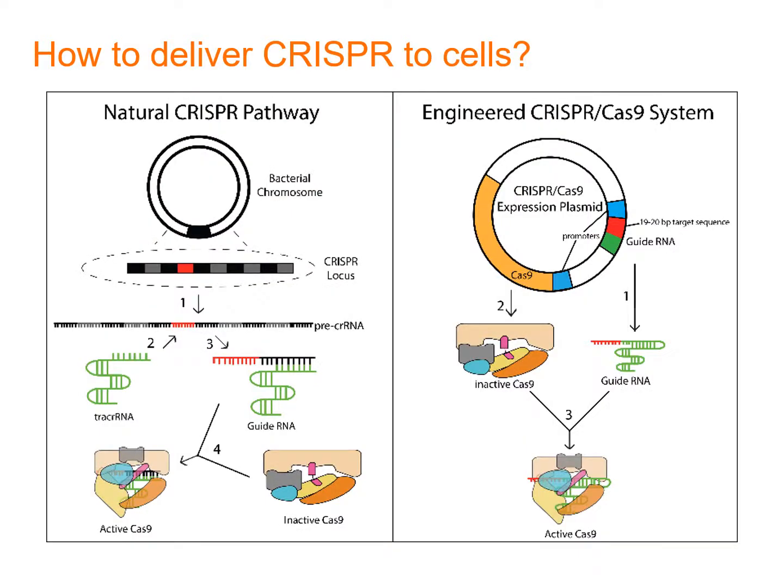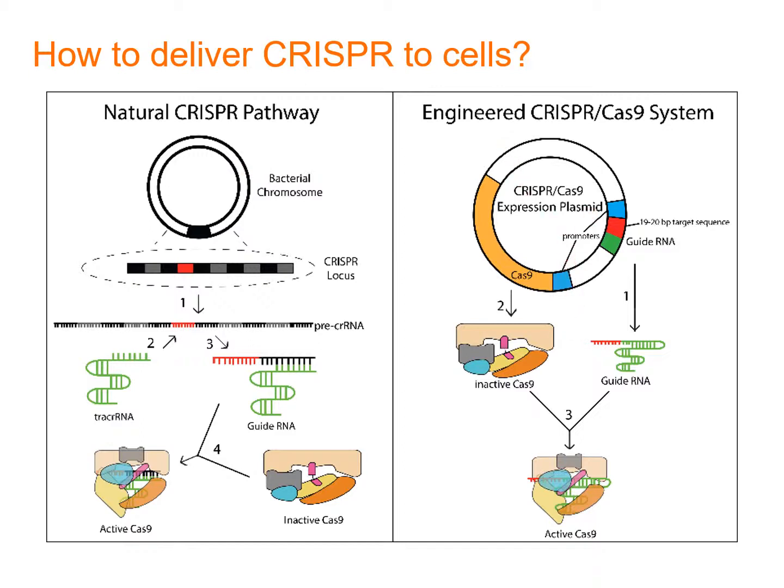The question before us now is, how can we use the naturally occurring CRISPR pathway and make it a system that we can use for the purposes of genetic engineering? The first thing I want to point out is notice the similarity between this circular bacterial chromosome and this circular plasmid here.